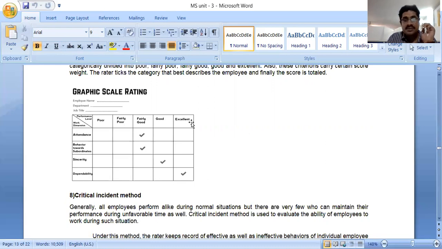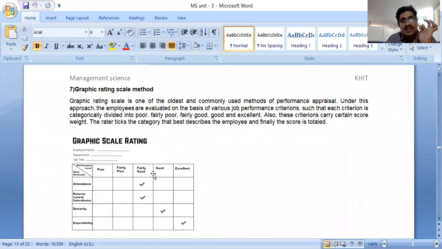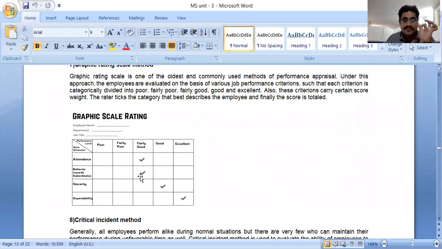Based upon the performance level, the hierarchy will tick these types of scales. If the attendance is very poor, just tick here. If the employee's attendance is good, just tick here. If sincerity when he is doing his work is good, put it here. If excellent, put the tick here. So this is a pro forma of the graphic rating scale method, right?